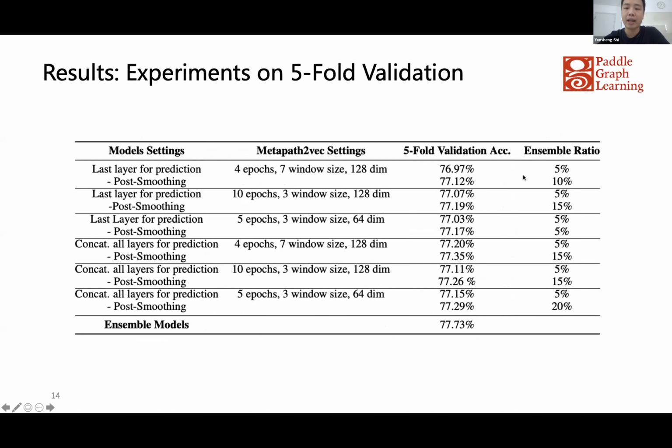We also add the validation data in training to get a better result, like other teams. In this experiment, we divide the validation into 5 folds, add 4 folds into training and the rest to eval. And we use different N2V embeddings and different configs to train our models.